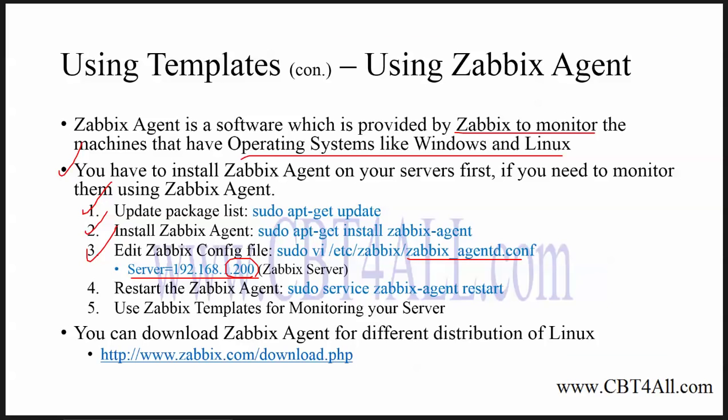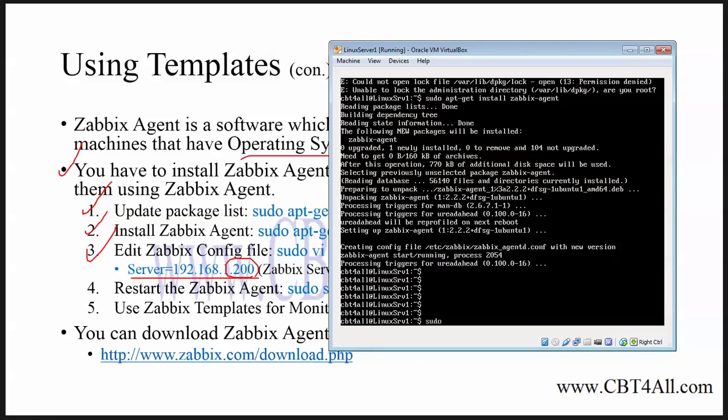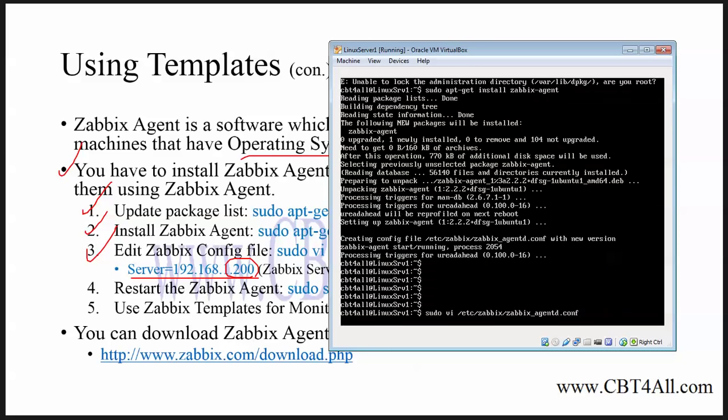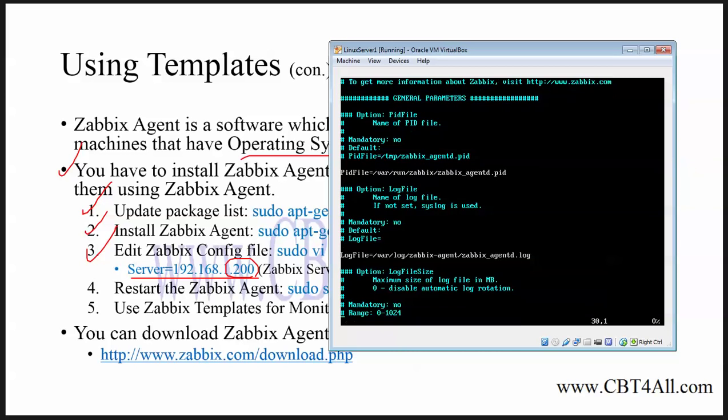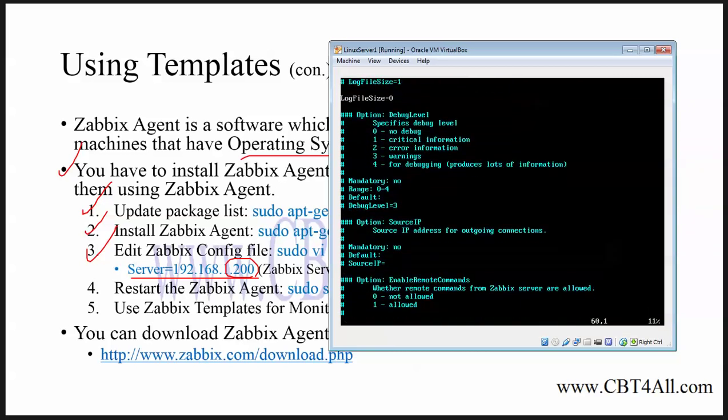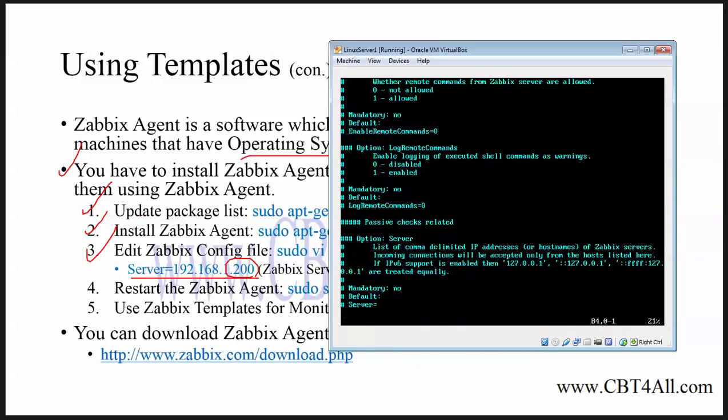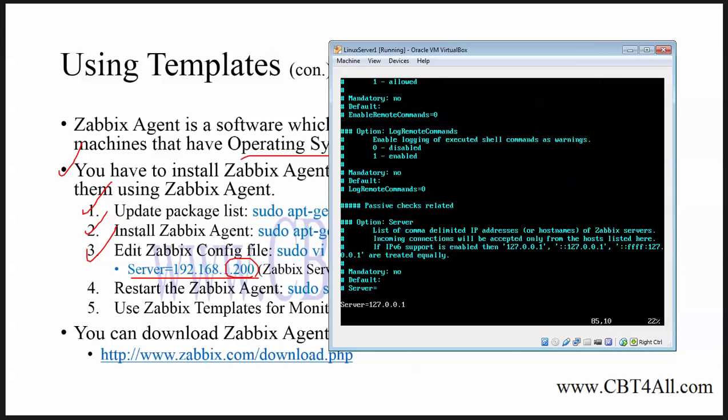So let's jump into Linux: sudo vi /etc/zabbix/zabbix_agentd.conf. Go down, further down, to find the Server setting here. Server equals 192.168.1.200.